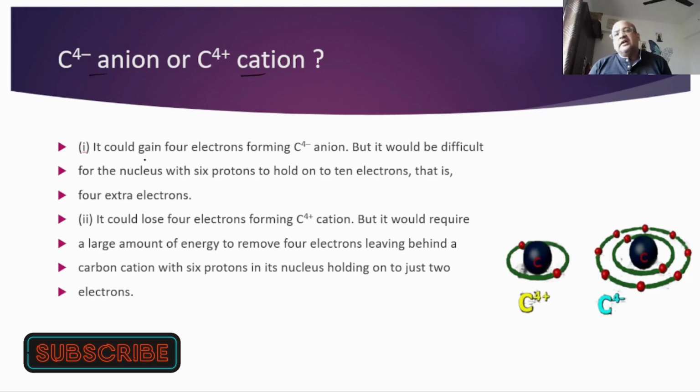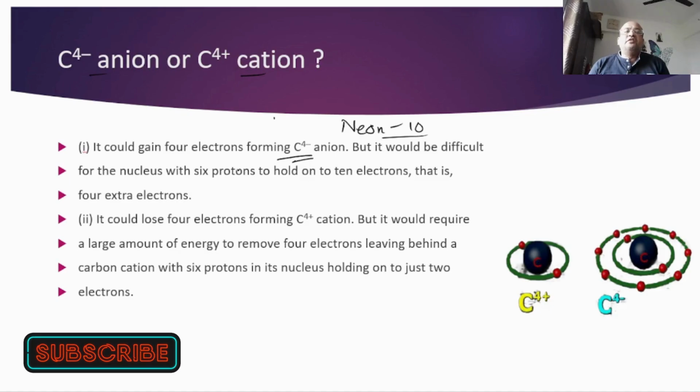It could gain 4 electrons, forming a carbon anion, and reach the nearest noble gas electronic configuration, that of neon, which is 10. It has 6 electrons, so it can gain 4 more, and it can reach neon like this.